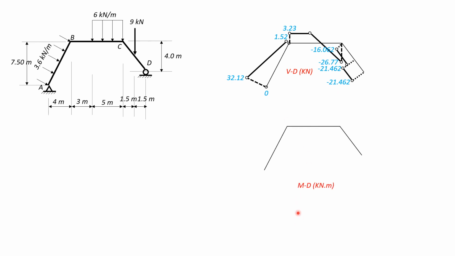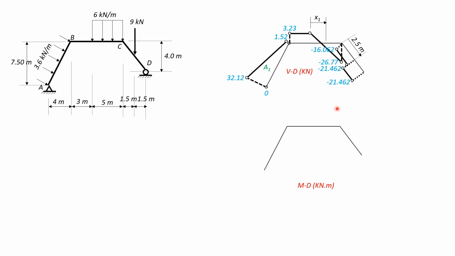Then here is the moment diagram. The moment here is 0, and we have positive area. Positive decreasing means like that. So area is 1/2 of 32.12 plus 1.52 times 8.5. That's 8.5, area 1. We'll call this distance x1 up to 0 shear.